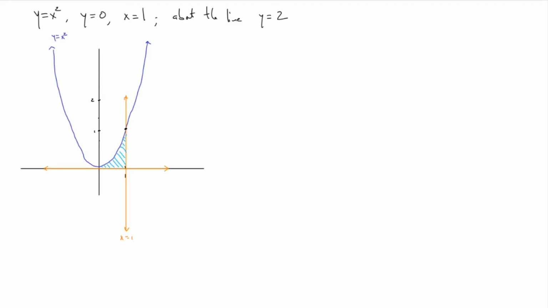And now we have to try to see what it would look like if we rotate this about the line y equals 2, which is of course a horizontal line passing through y equals 2, as I've drawn here in green.